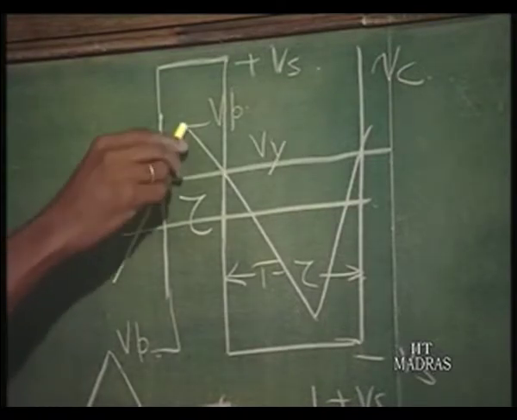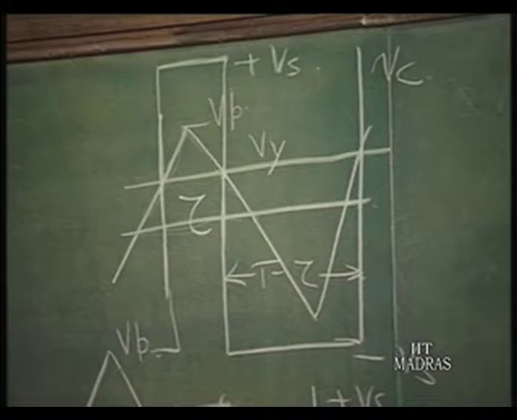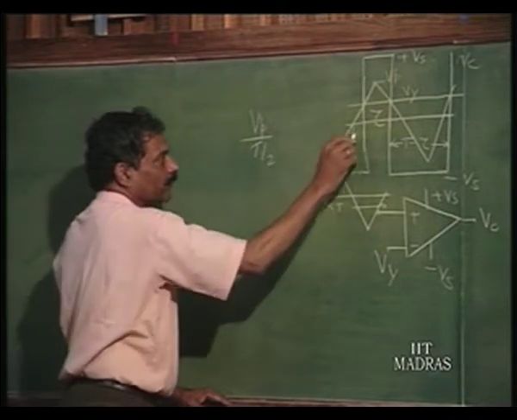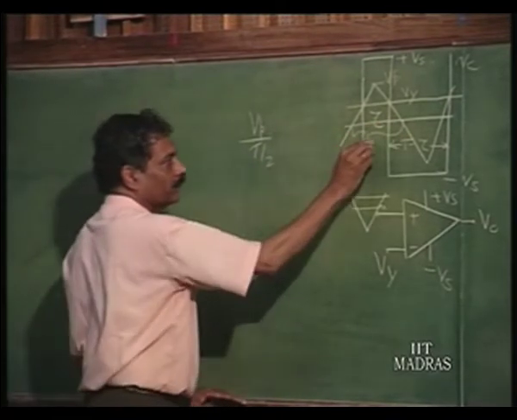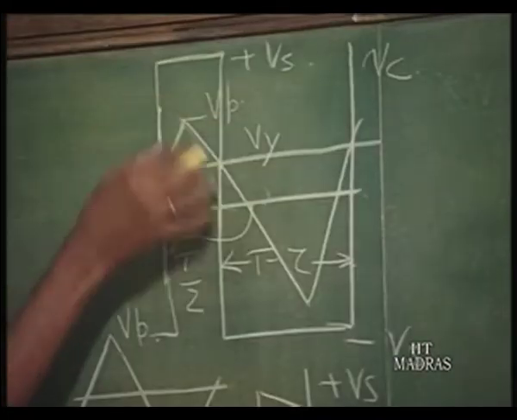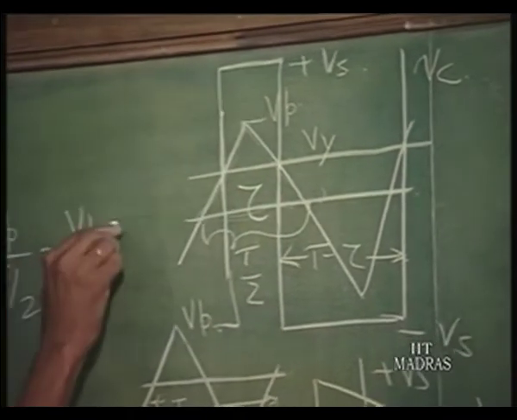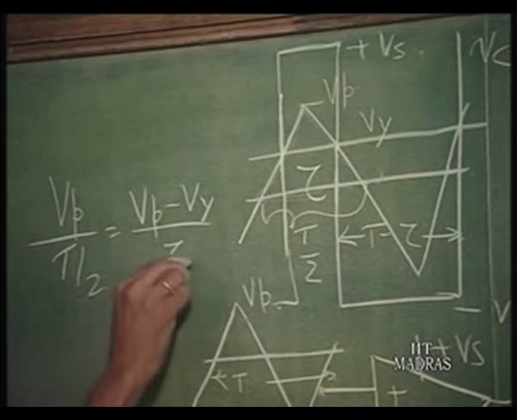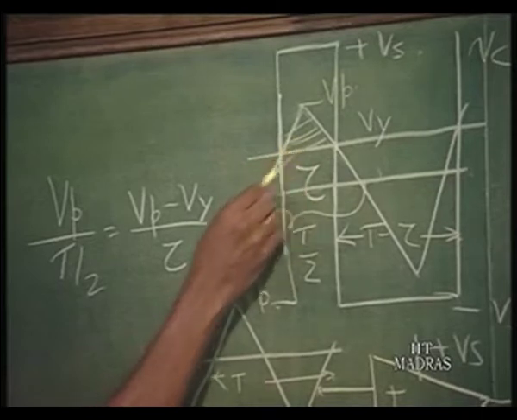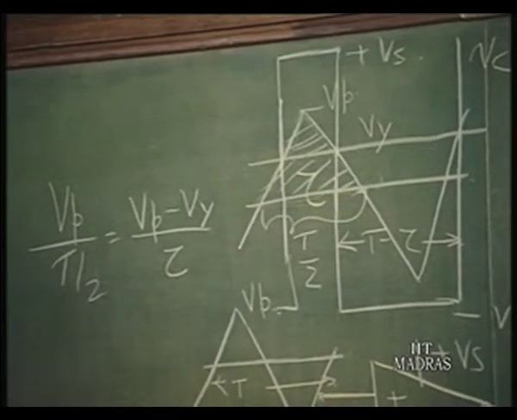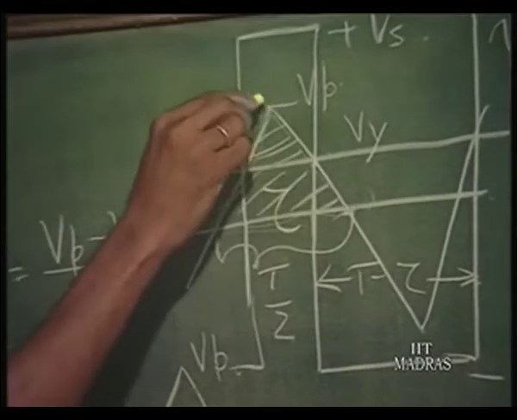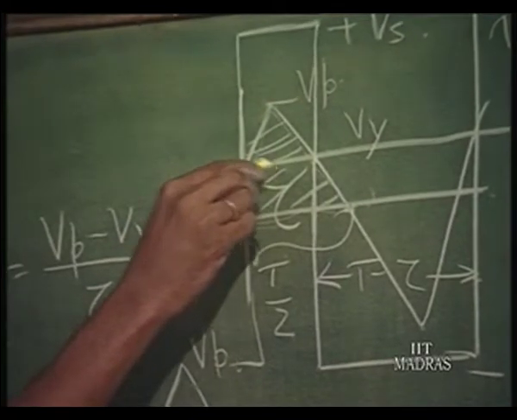So, if this is tau, then using the similar triangle principle here, Vp divided by T by 2, this is T by 2, that is T by 2 in this triangle, is same as this height divided by this. That height is Vp minus Vy divided by tau. Once again, using similar triangle principle for this triangle as well as this triangle, this height which is Vp divided by T by 2 is same as Vp minus Vy divided by tau.